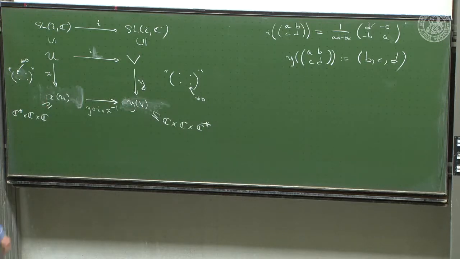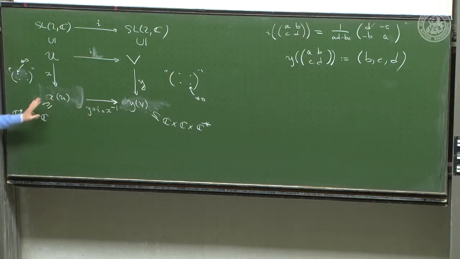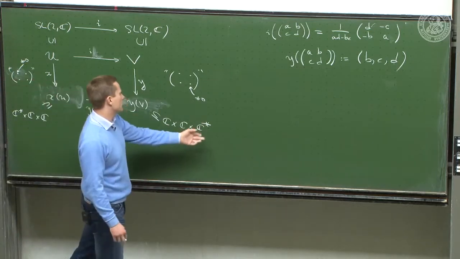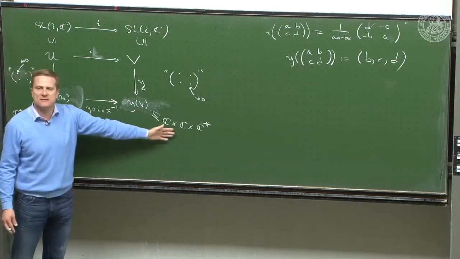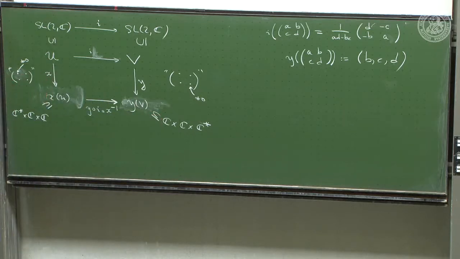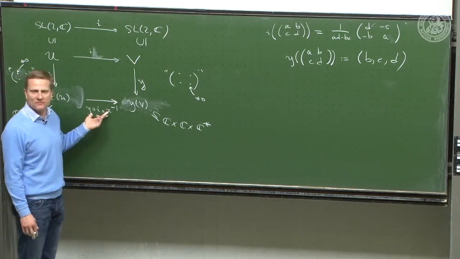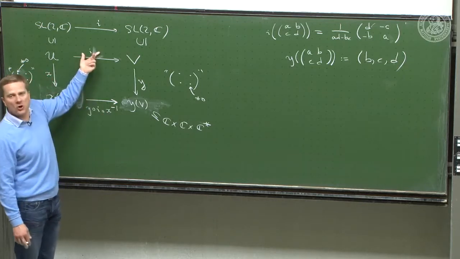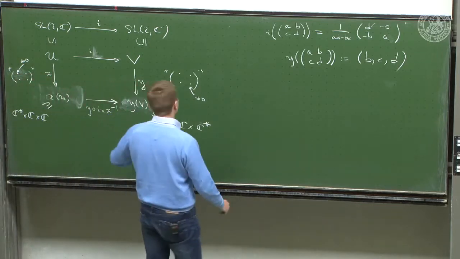And the nice thing is, this guy here is now a map from some open region of this guy to this guy. And of course, I can also forget about the star. It doesn't matter. It's a map from some region of C3 to some region of C3. And I can ask with standard analysis techniques whether this map is differentiable. Okay? And then I call this map up here differentiable. Okay, so let's do this. Let's construct this map.